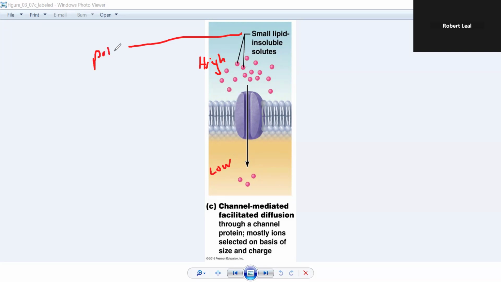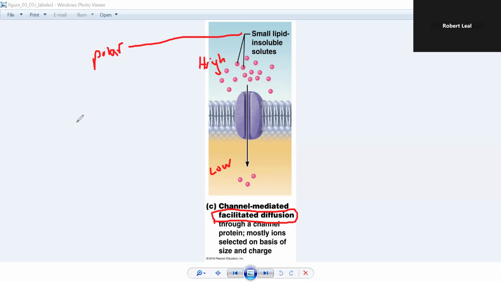So if it's polar, the only way it's going to be allowed through is to be helped across again by a protein channel. And that's why I recommend you learn it as facilitated diffusion. Just like in this example and the previous one, it's a type of facilitated diffusion. It's just that the substance here didn't have to take the exact shape of the channel. It's just easily allowed through.